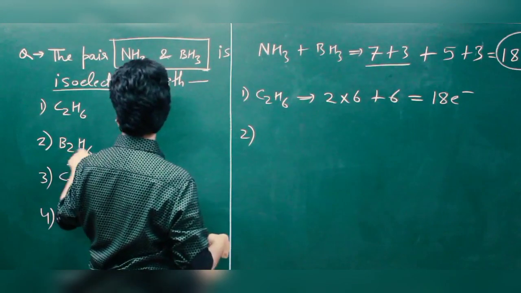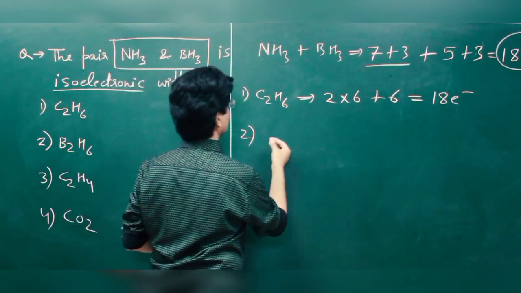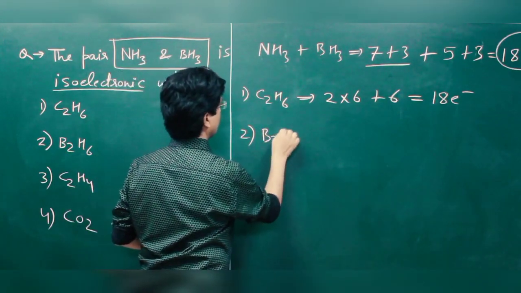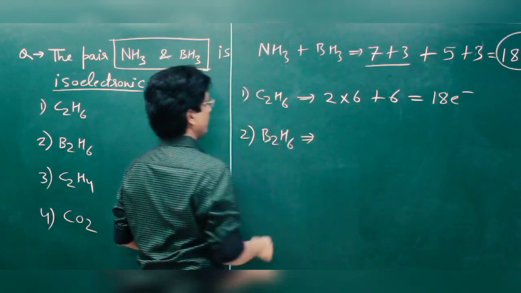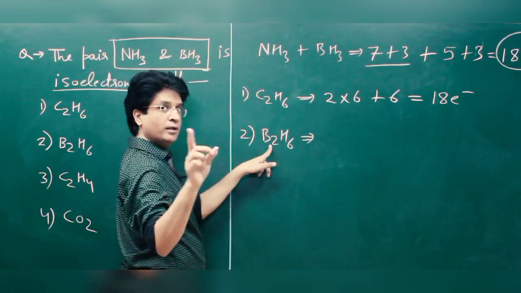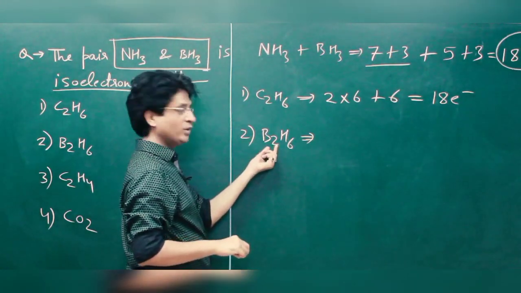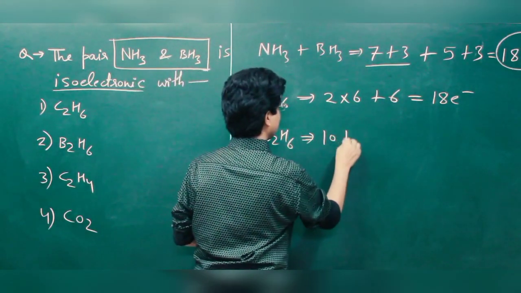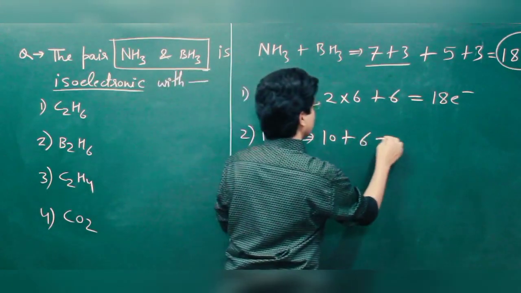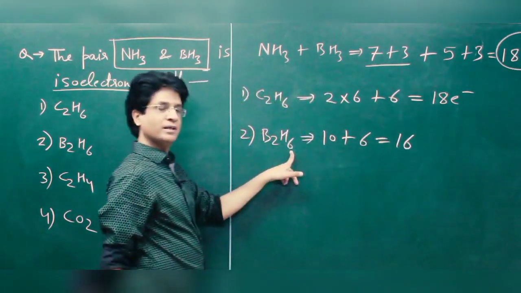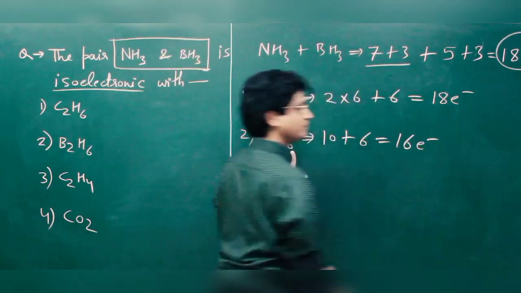Second option is B2H6. Boron contains 5 electrons, 2 will contain 10. So 10 plus 6, total becomes 16 electrons.